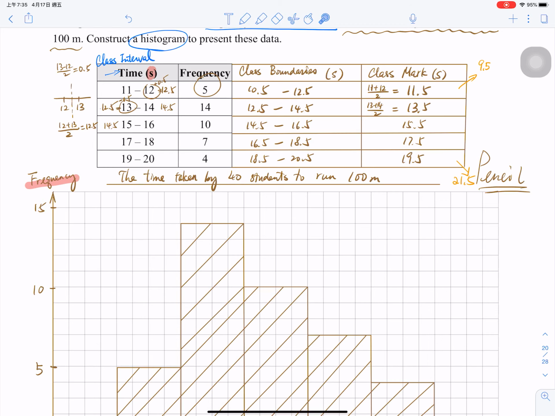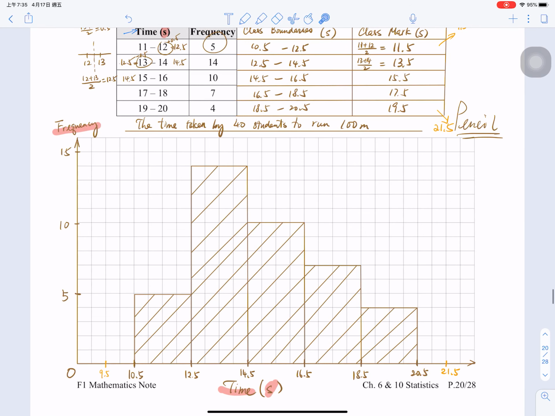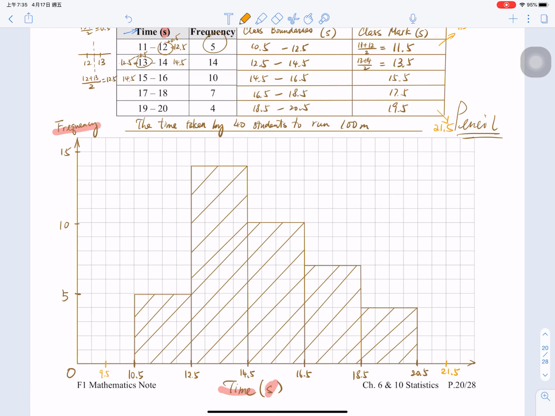Okay, one more thing. Just now I said that this time we use the class boundaries to draw the histogram. However, besides class boundaries, we can use a class mark, remember?